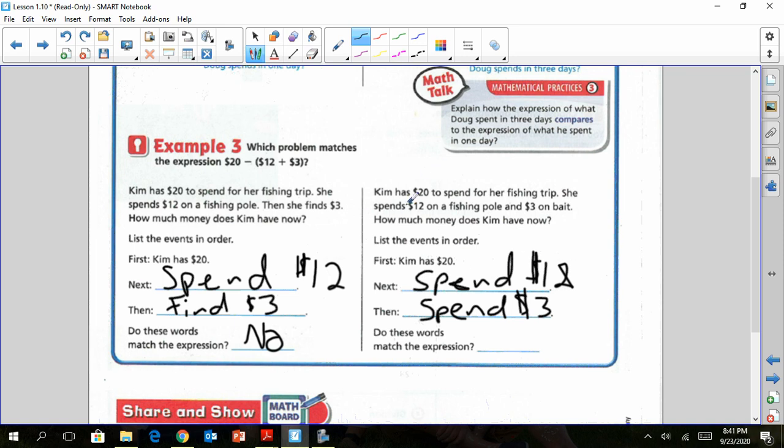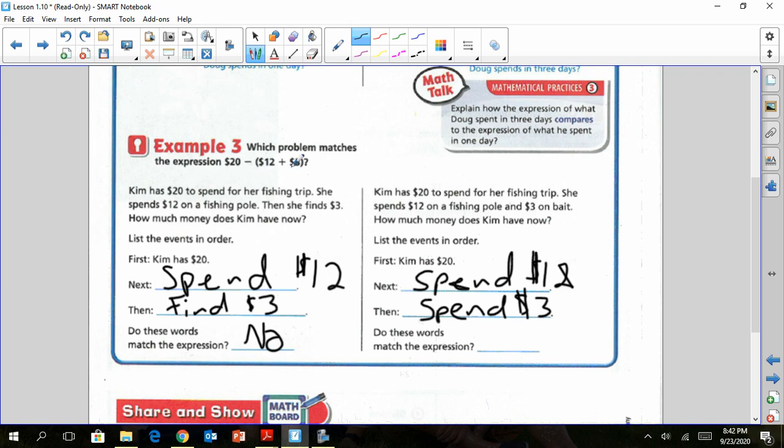If we put parentheses around the 12 and the 3, it's like her receipt. Think about it when you go to the grocery store and you start out with a certain amount of money. And then you start handing the cashier all of your items. On the receipt, all of those items add up over and over until you get to the total bill. Then you give the cashier your money and she subtracts how much you spent.